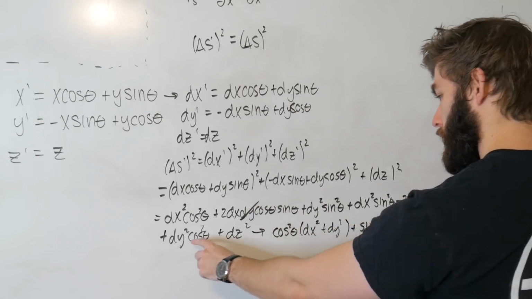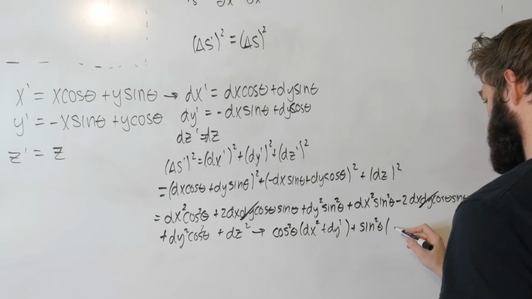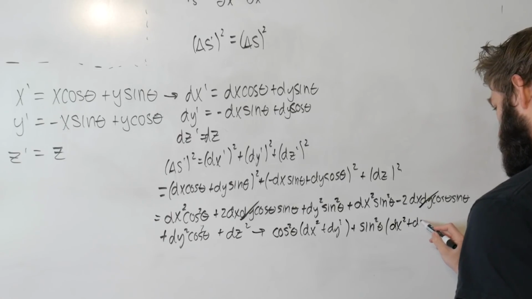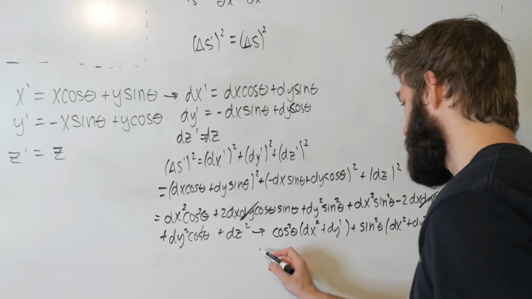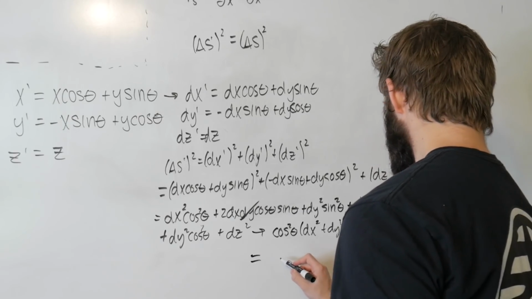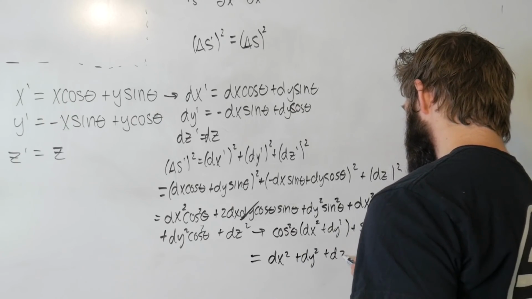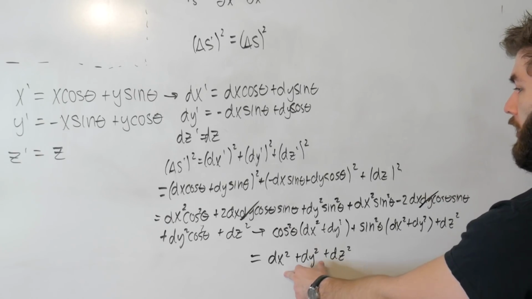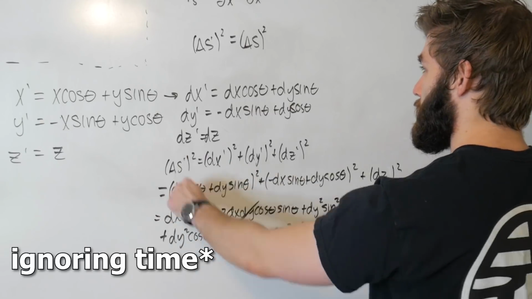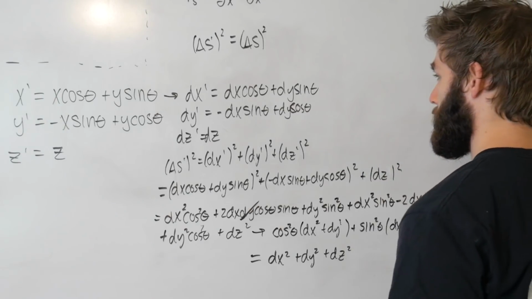We get a dx squared plus dy squared plus this dz squared. Okay. Cosine squared plus sine squared is 1, which tells us that this is equal to dx squared plus dy squared plus dz squared. So what we showed is that the space-time interval, if you're not familiar with that terminology, don't worry about it, but the space-time interval is invariant under this transformation. So this interval is invariant under this type of orthogonal transformation, which is pretty important.